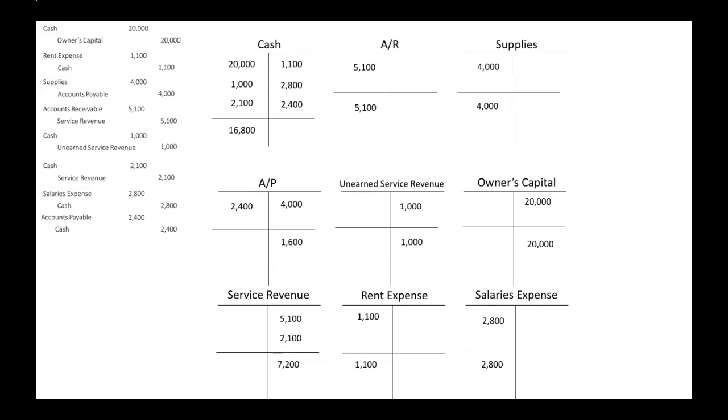So now that we have all of our account balances in these T accounts, we can then create a trial balance. So a trial balance is going to look like this. You have the company name, you have trial balance, and you have the date that you prepare it.